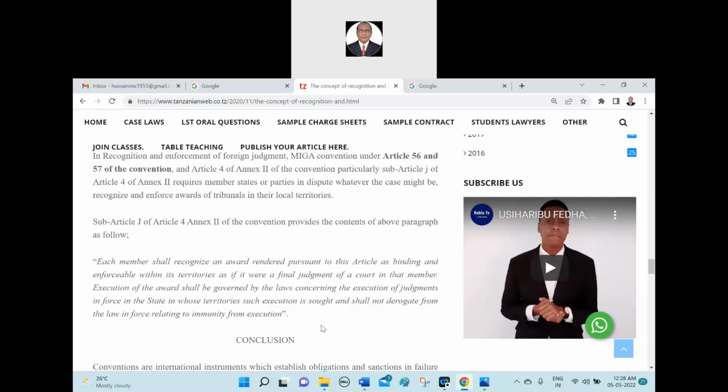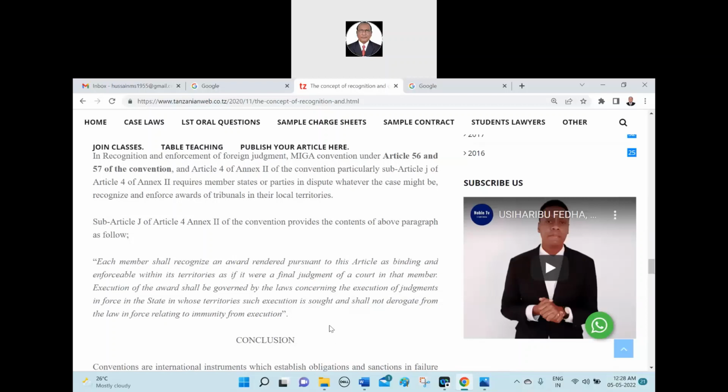That means the award should be passed by a competent court, following all the norms of arbitral awards, with no discrepancy, and the existing law in that country will also be strictly followed. Only then will such a convention be taken into consideration for the recognition and enforcement of foreign judgments.